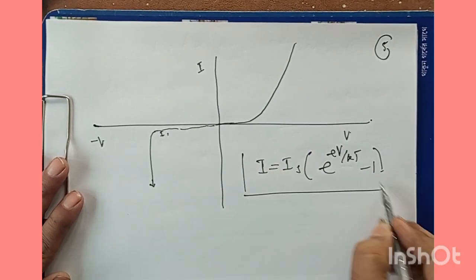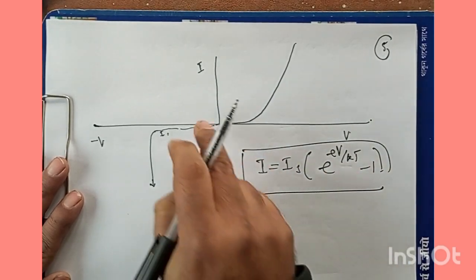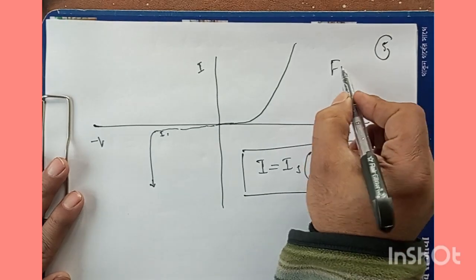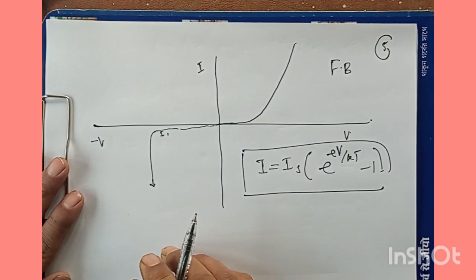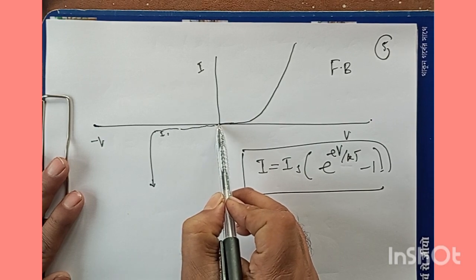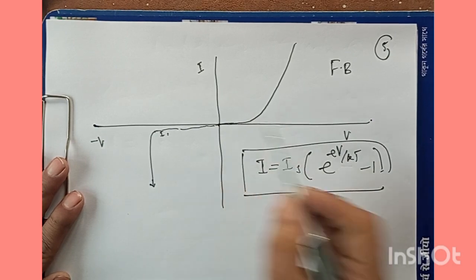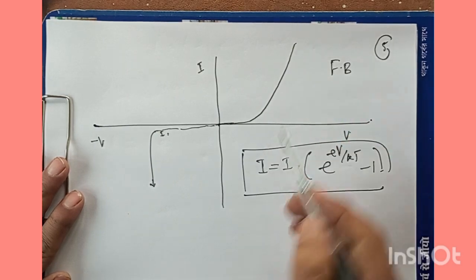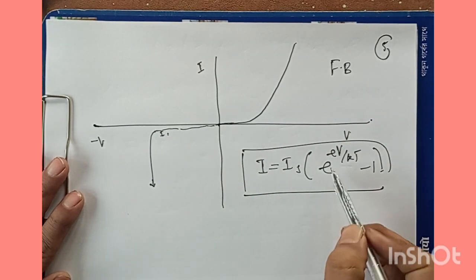So if we use this equation for the forward biasing of this PN junction, we can see that up to a certain level there's no current, but then there is an exponential rise in the current, which is consistent with this equation.